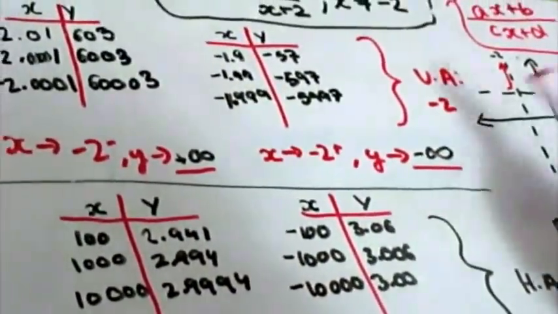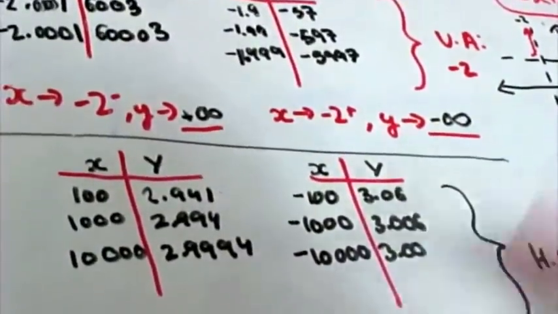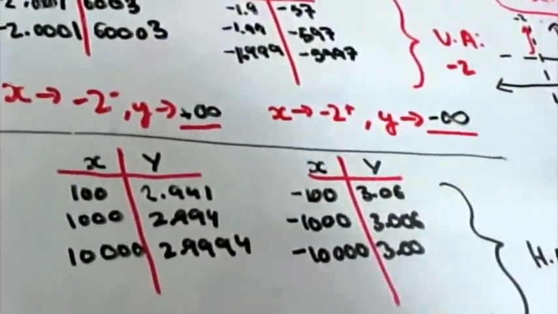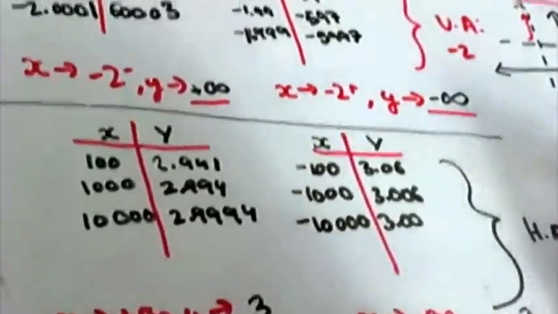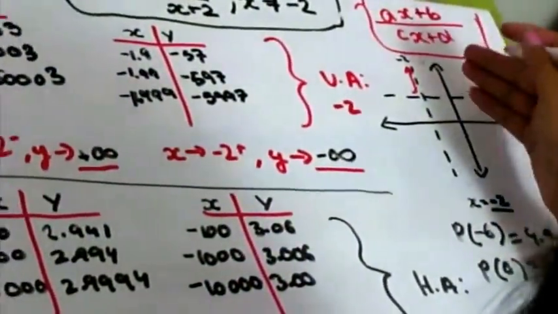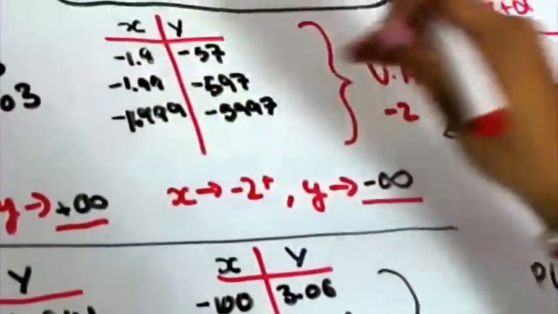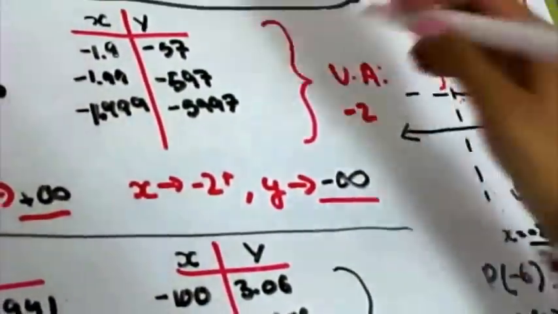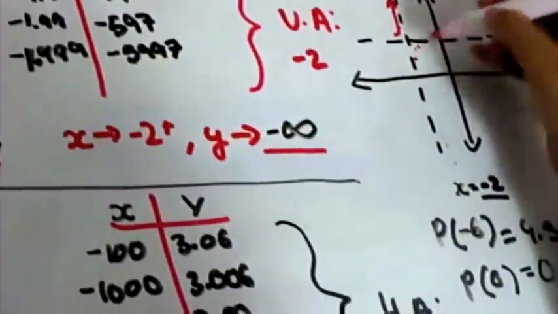Now for approaching from the right-hand side, because that's another side of the graph. A value which is to the right of -2 and very close to it is going to be -1.99. That's going to be somewhere over here. -1.999 is going to be even closer, and then -1.9999 even closer.